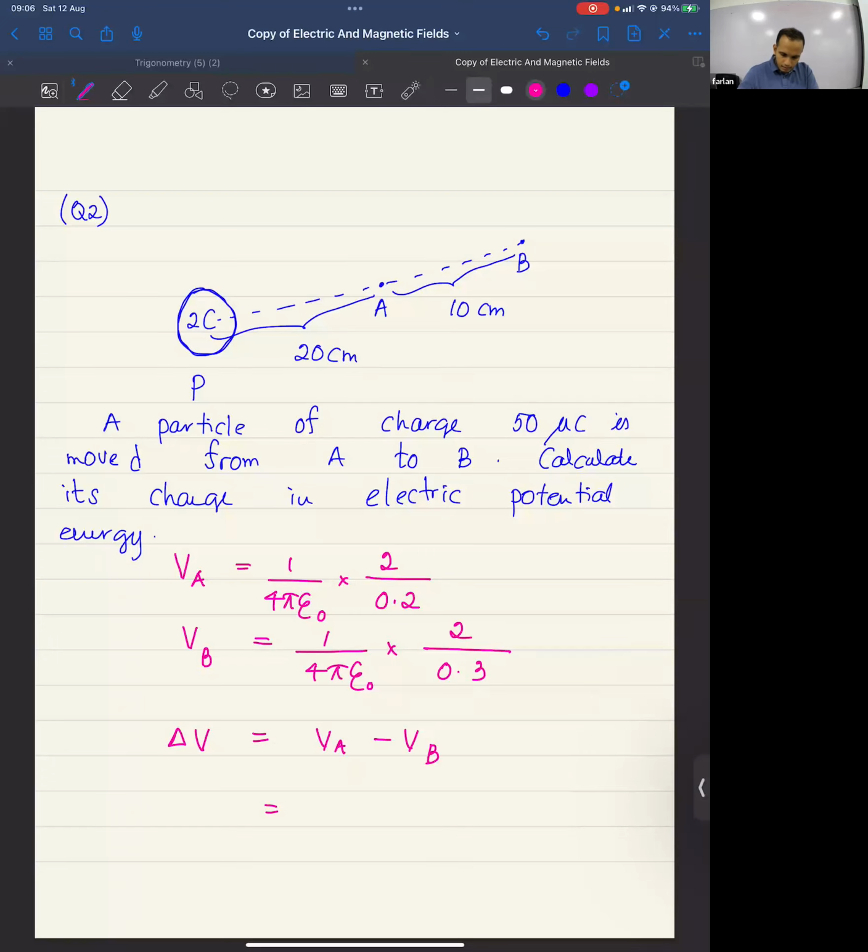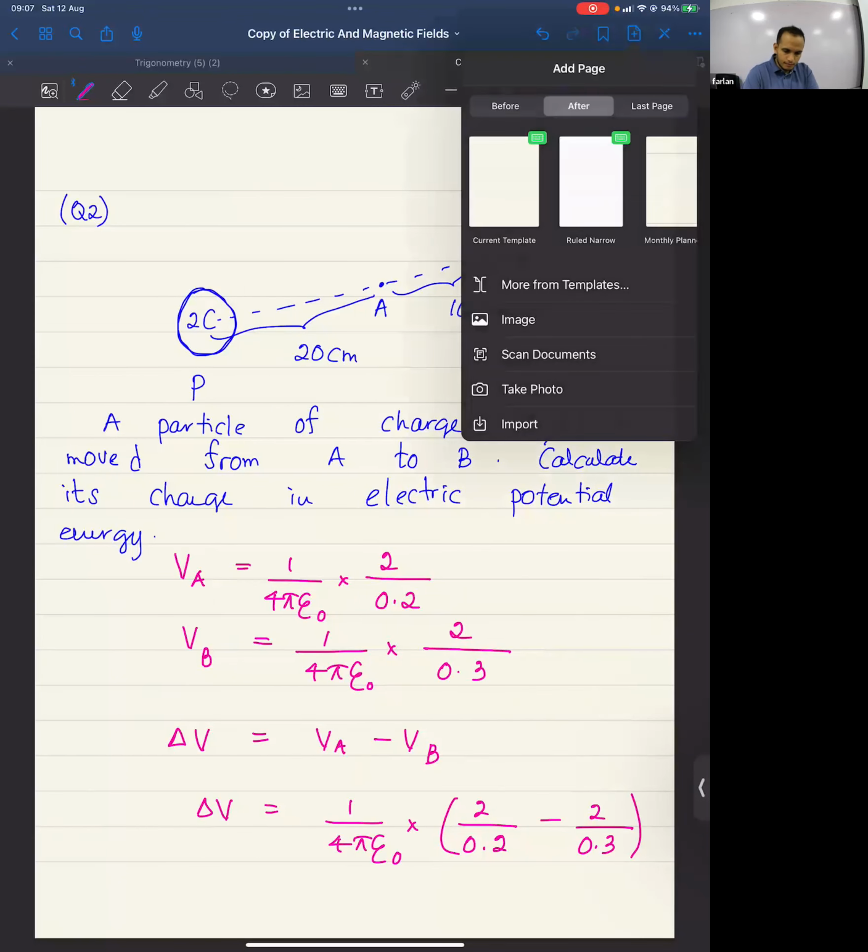which I can take as 1 over 4 pi epsilon naught times 2 over 0.2 minus 2 over 0.3. This is the potential difference. I will denote it as delta V. Agree?